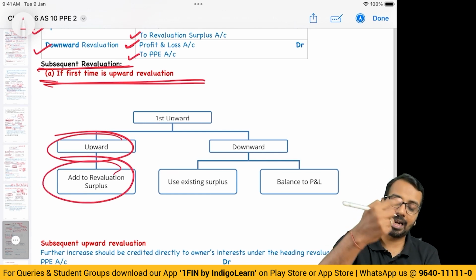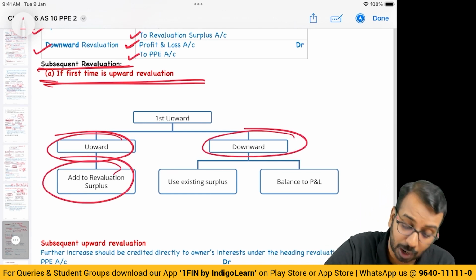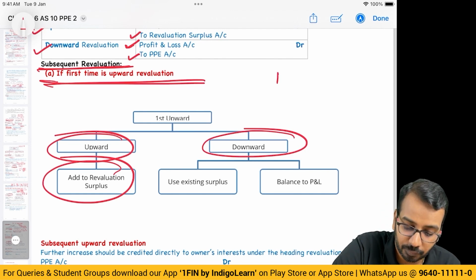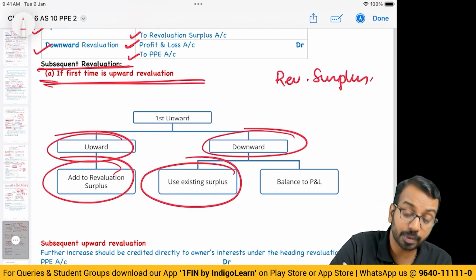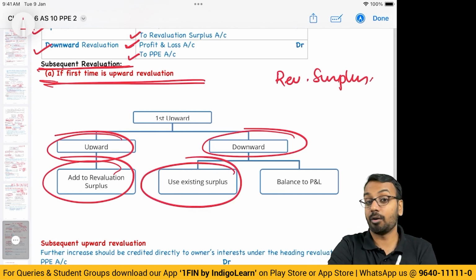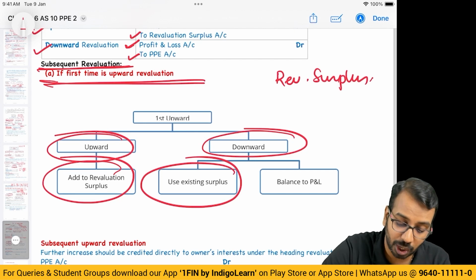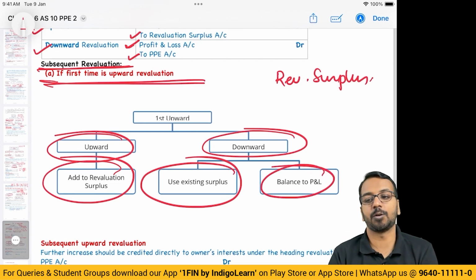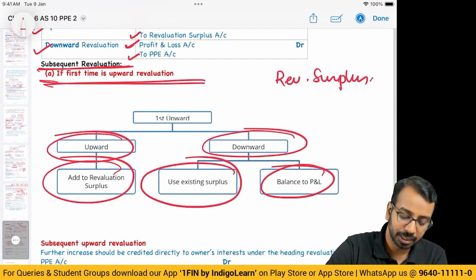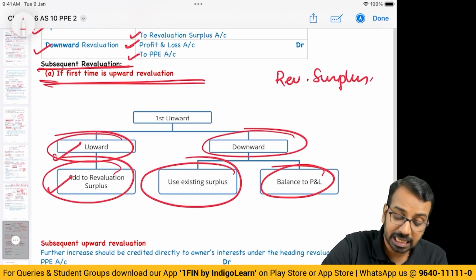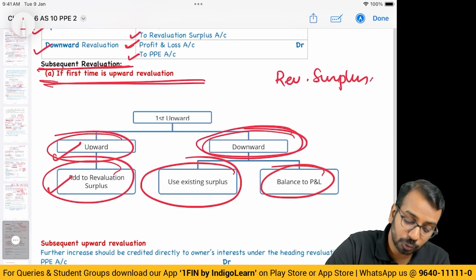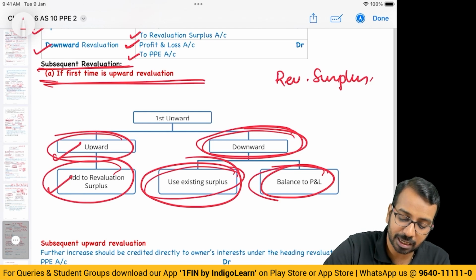But if it is downward, then first use the revaluation surplus, whatever balance is there, of the same asset. If it is not sufficient, the balance will be transferred to P&L. I am repeating: if it is subsequent upward, add to revaluation surplus. If it is downward, you will use the existing surplus first and then the balance to P&L.